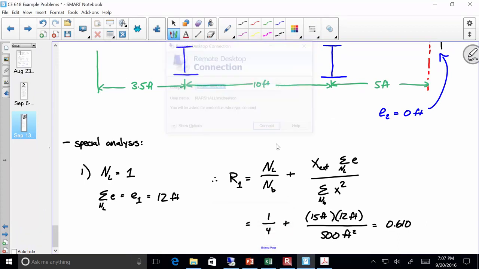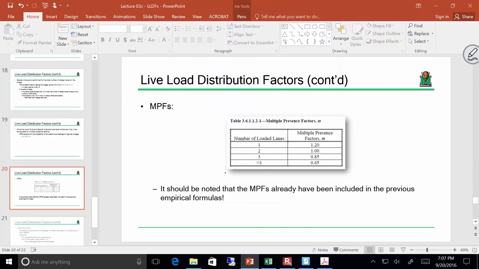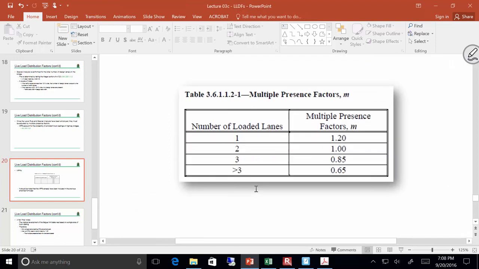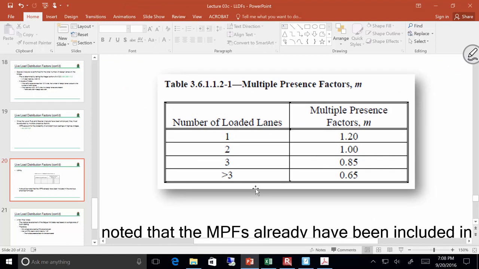All right, so if you recall, they're right here. Multi-presence factors are in section 3 of the spec. So if you've got one lane loaded scenarios, you multiply your distribution factors by 1.2. If you're dealing with 2 lane loaded scenarios, it's 1. For 3, it starts dropping down. And anything greater than 3, 4 lanes, 5 lanes, 6 lanes, you just cap it off at 0.65. All right, make sense? Everybody good?